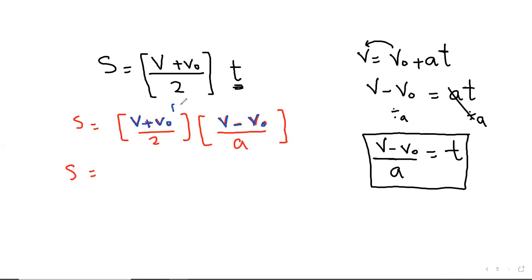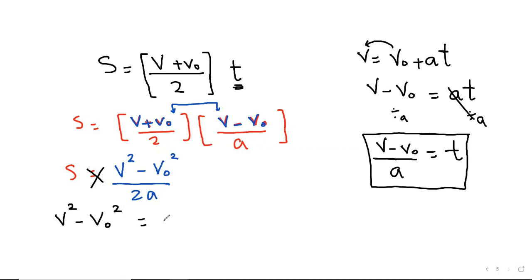It's the difference between two squares. So when multiplying them, you are going to get V final squared minus V initial squared over 2A. Then do cross multiplying. So V final squared minus V initial squared equals 2AS.